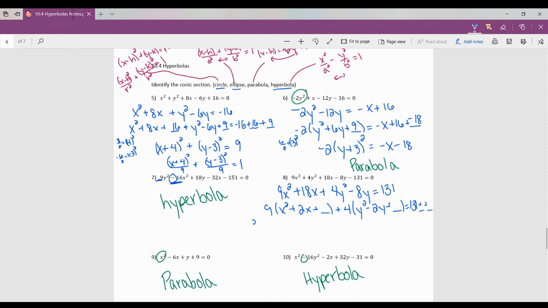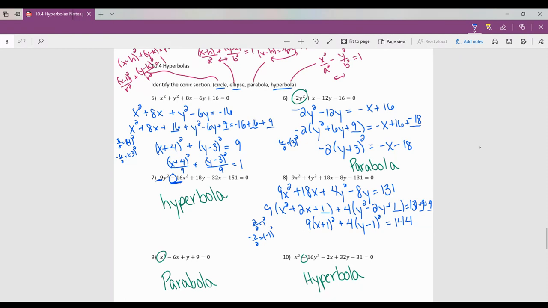So I take that middle number, divide by 2, and square it. I don't add 1, I add 9. I take that middle number, negative 2, divide it by 2 to get negative 1, and square it. I get 1. I don't add 1, I add 4. So I get 9 times x plus 1 squared plus 4 times y minus 1 squared equals 144.